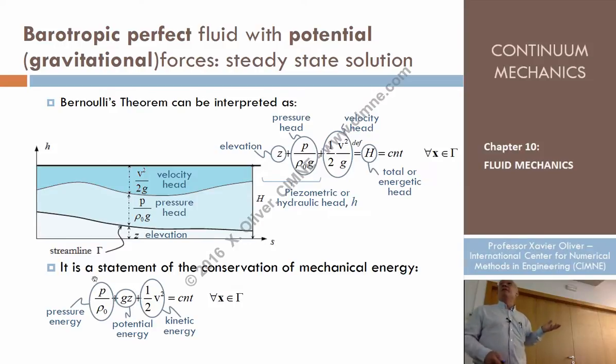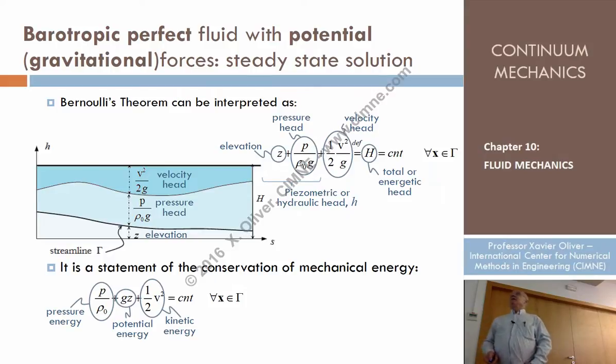How are the streamlines? The streamlines follow the trace of the pipe. So this is just a one-dimensional, so to speak, hydraulic construction. So this we know at all points.